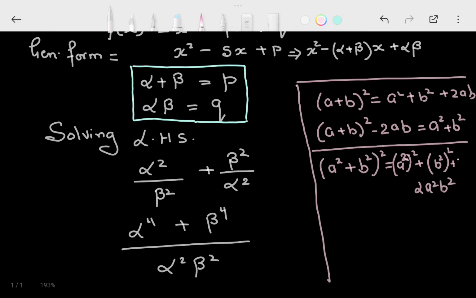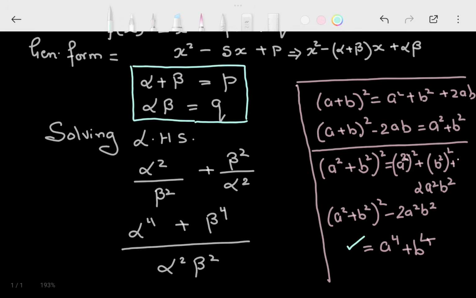See, if we rearrange this, what we get, A square plus B square whole square minus twice A square B square. This is equal to A raised to the power 4 plus B raised to the power 4.